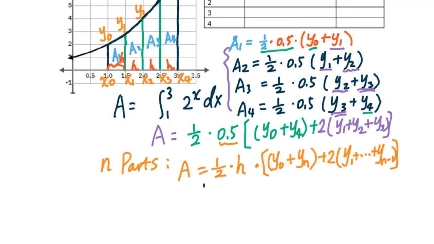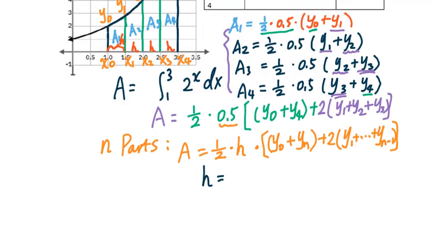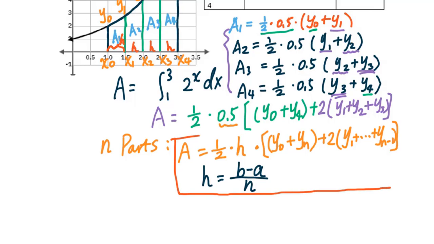Then the height will be the distance between upper limit and lower limit. So we do (B minus A) over N. This will be the formula when you use trapezoidal rule to work out the area or the definite integral.